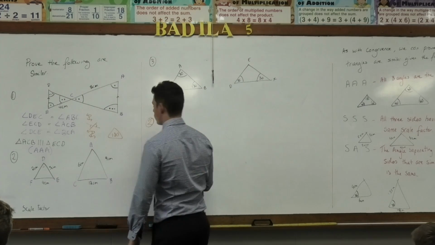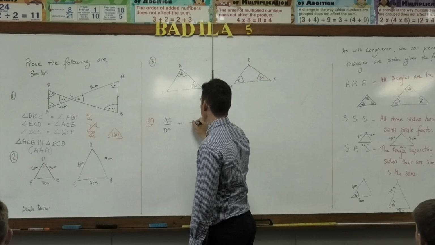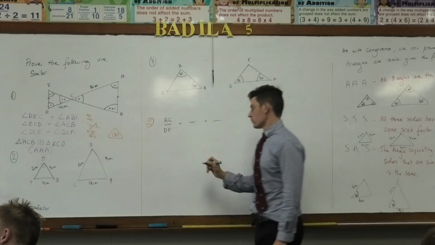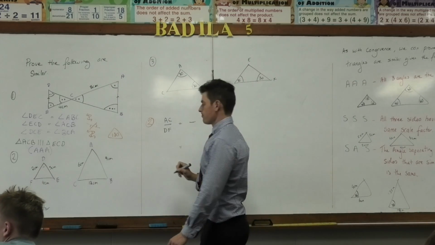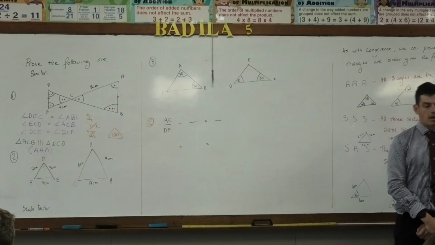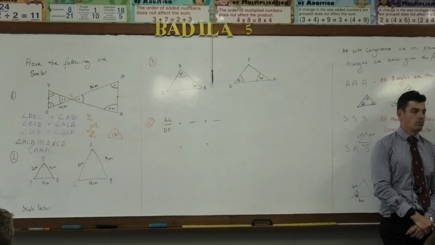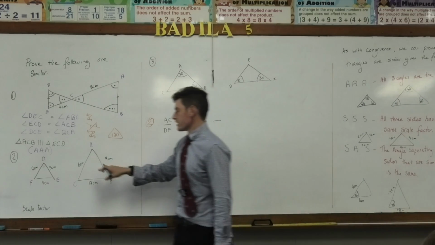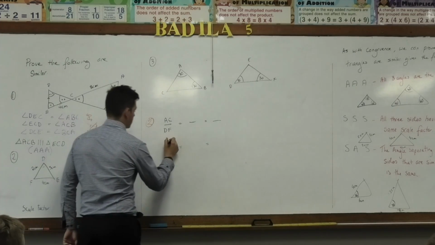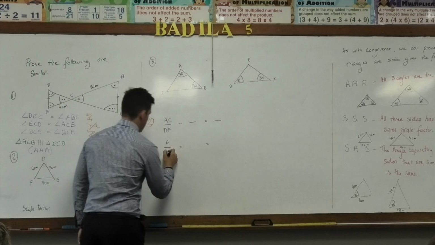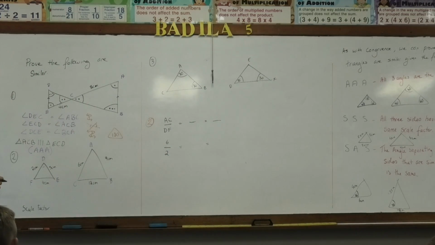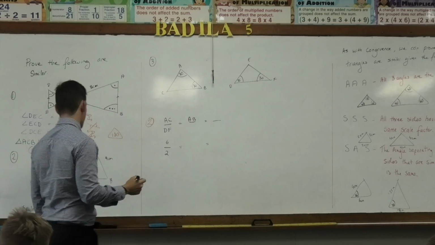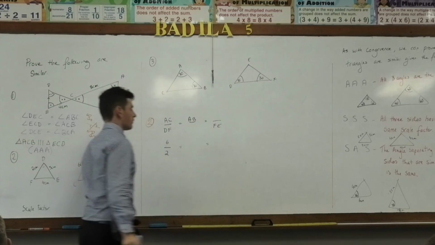DF must equal, which must equal, what do you think is going to go in the next line? So what am I trying to say? I'm trying to say AC divided by, which is, what is AC? What's the length AC? 6 divided by 2. What has that got to be the same as? I'll fill in some values. You guys can fill in the rest.